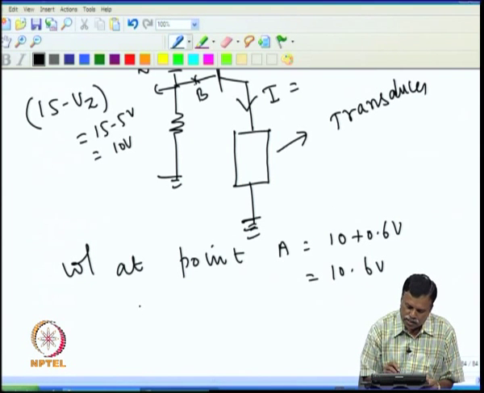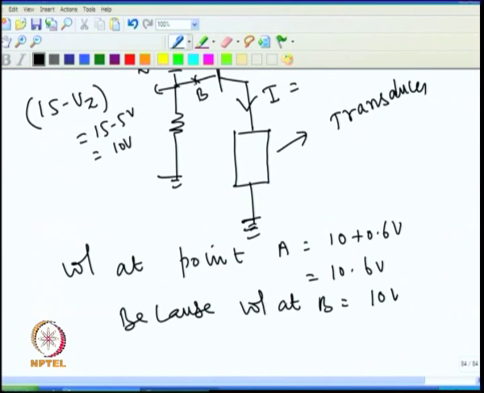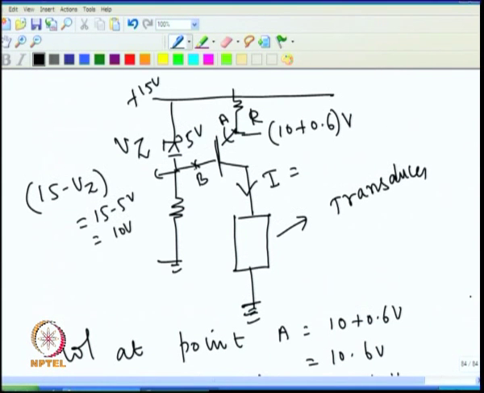These come because voltage at B is equal to 10 volt, that is 15 minus the 5 volt Zener voltage. So, from this circuit we see the voltage at B is 10 volt and voltage at A is 10.6.